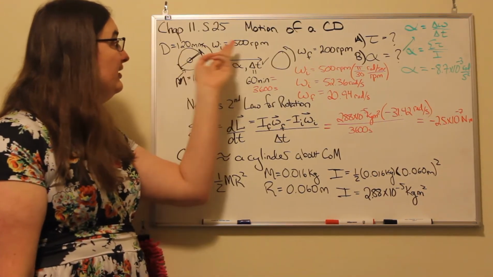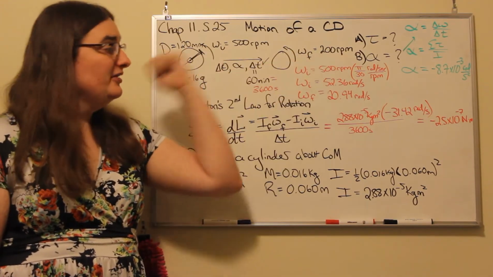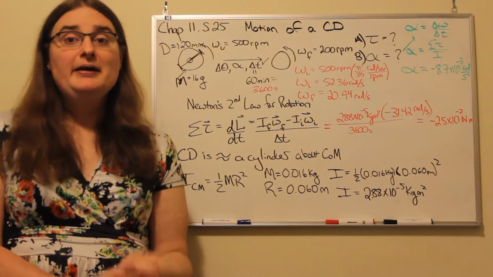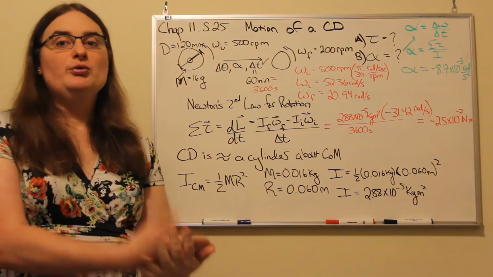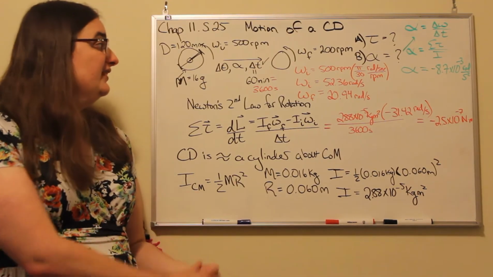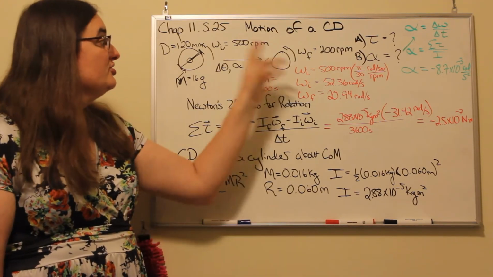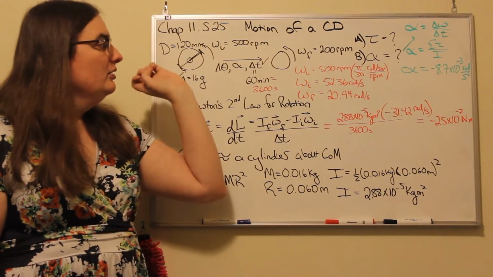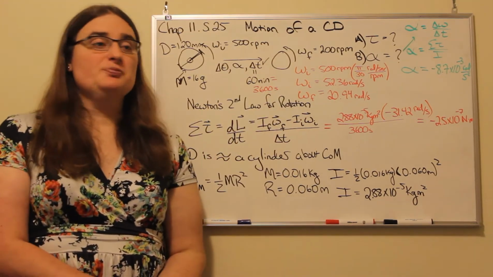Well, we're told that the initial and final velocities are 500 RPM and 200 RPM respectively, but if we want to calculate everything in proper SI units, with units of newtons and meters and seconds, we're going to need to convert those units. For every 1 RPM, there are pi over 30 radians per second.